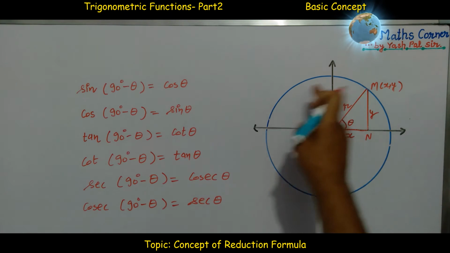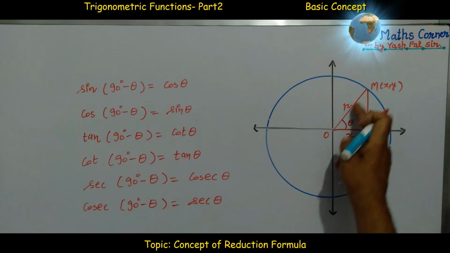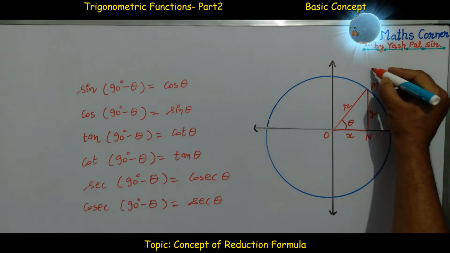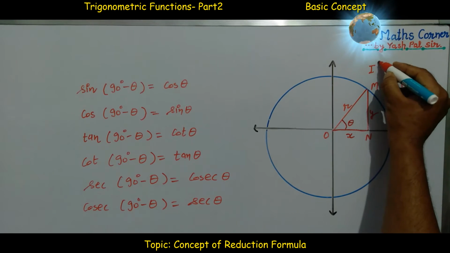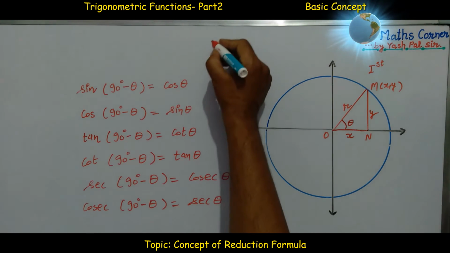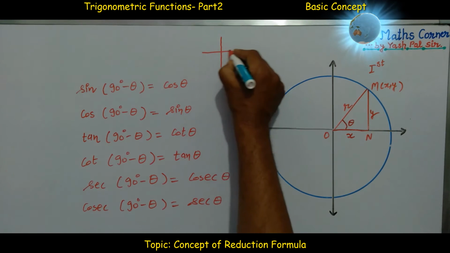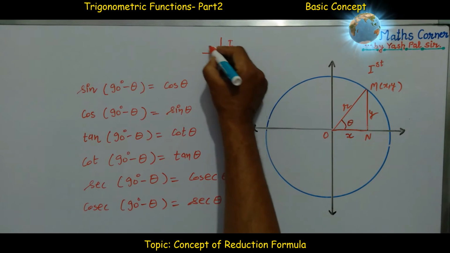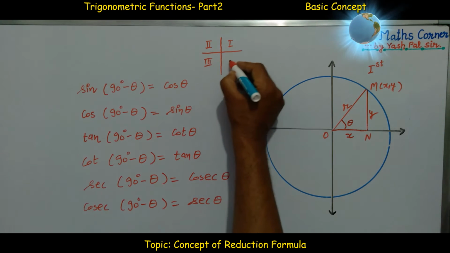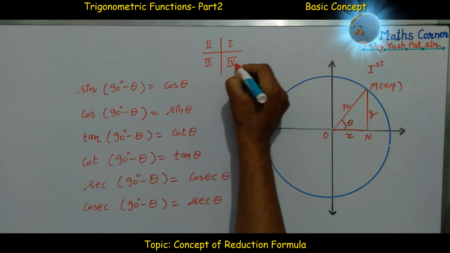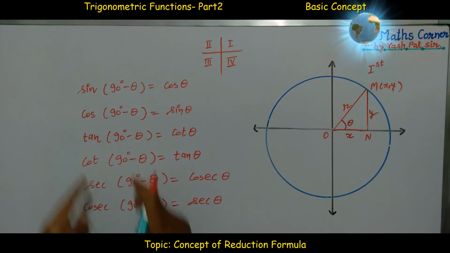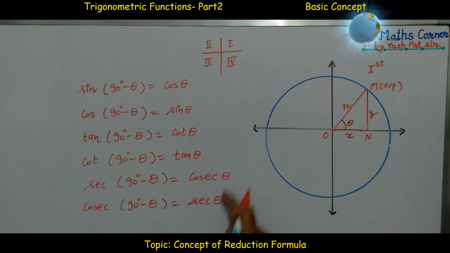So in this diagram, the right angled triangle is constructed in the first quadrant. We can say this is quadrant 1, this is quadrant 2, this is quadrant 3, and this is quadrant 4. In the first quadrant, that is 90 degree minus theta, all the t ratios are positive.